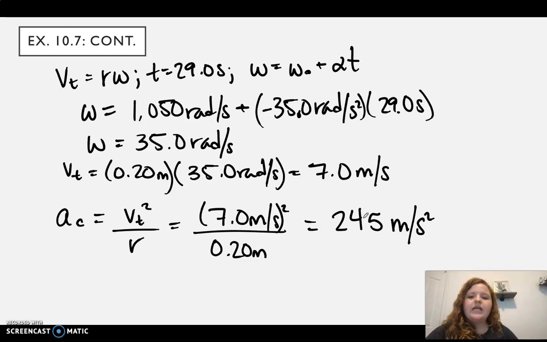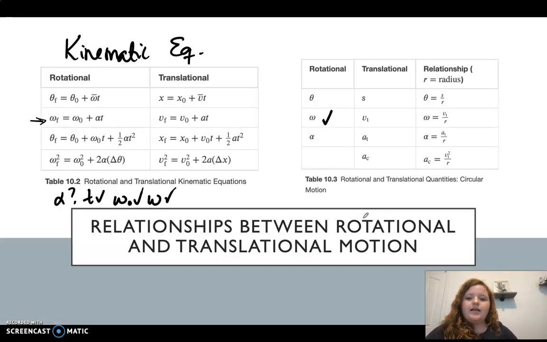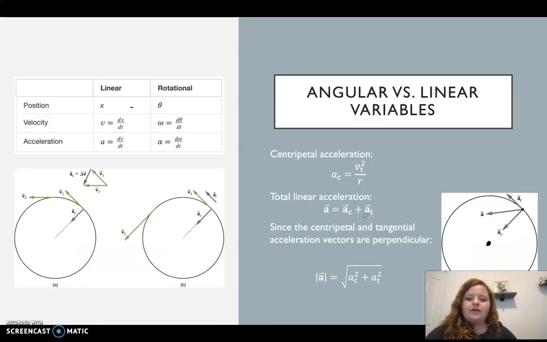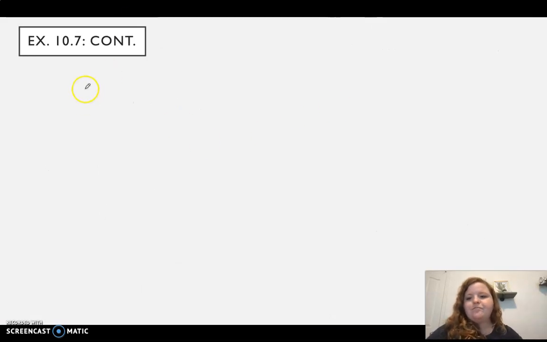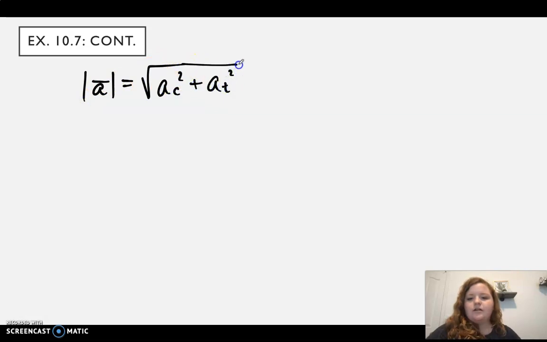Okay, so now we have our centripetal acceleration and our tangential acceleration. Okay, and using those two and our equation back here, we can find our overall, total linear acceleration. Okay, so this will be the square root of acceleration of c squared plus acceleration of t squared.